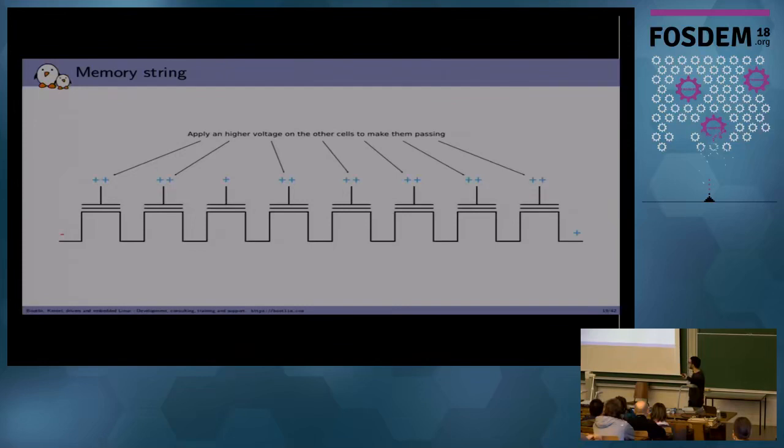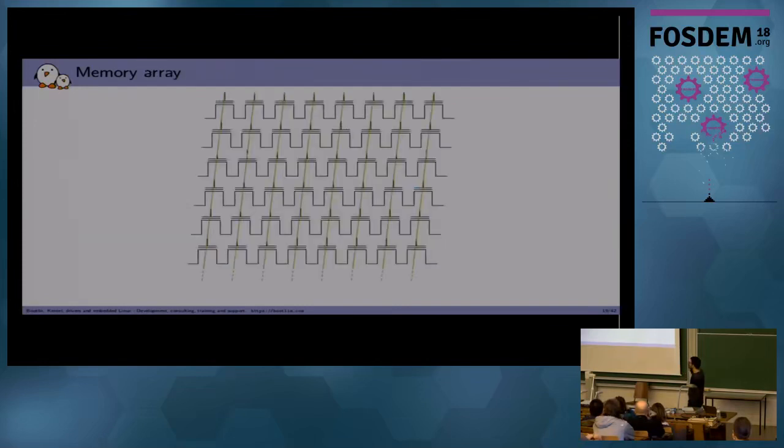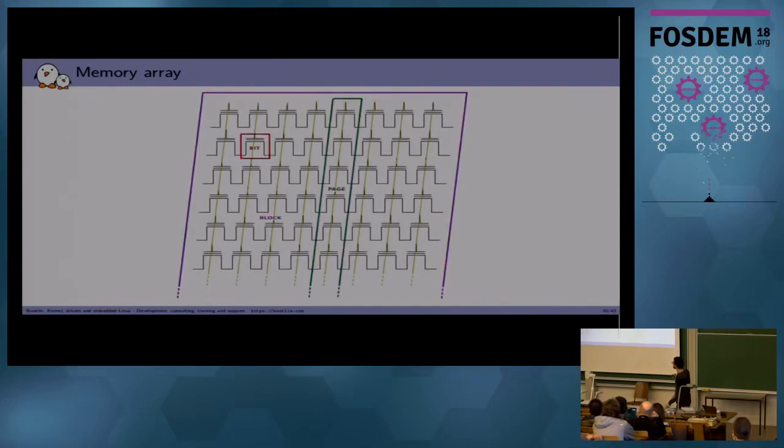So this is a string, but you can put a lot of strings in parallel. It makes a block. And as I told you earlier, the gate is now called the word line, because all the gates are connected together and make what we call a page. If you are used to dealing with NAND flash, block and page are terms that you usually meet.